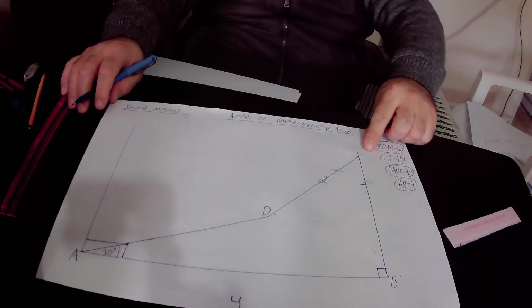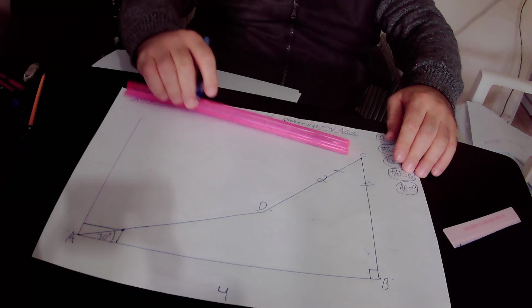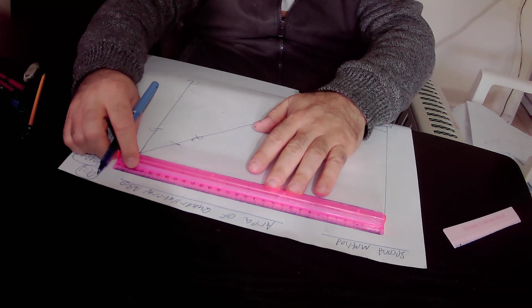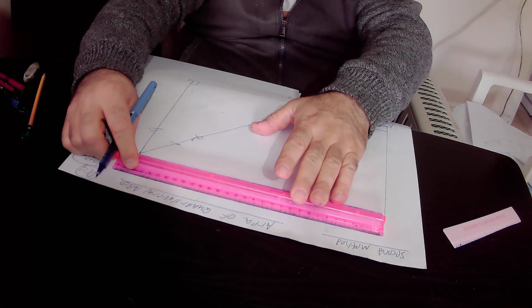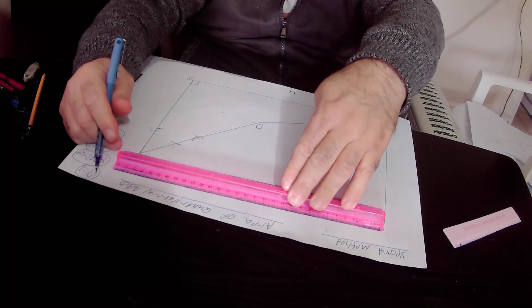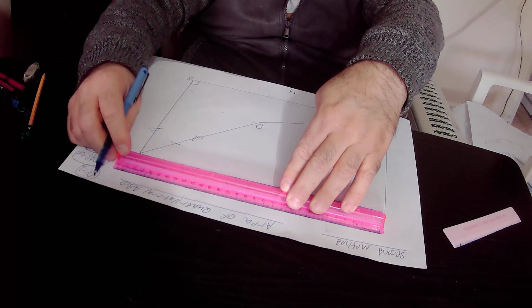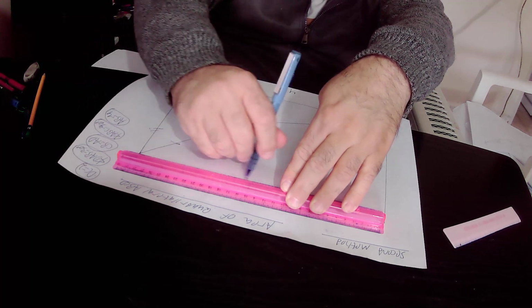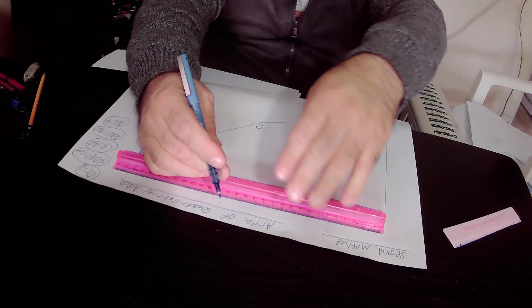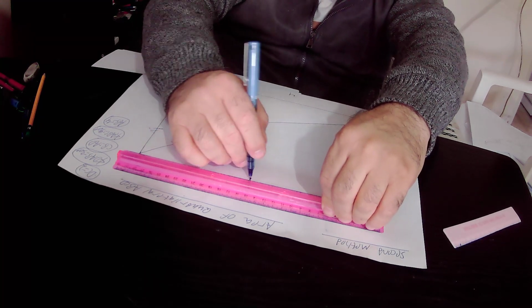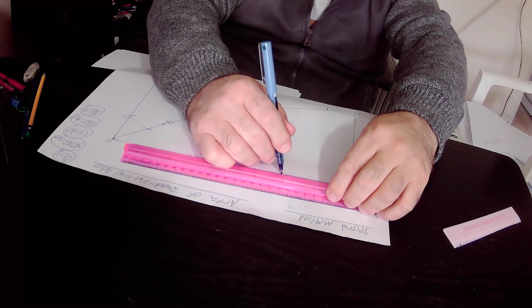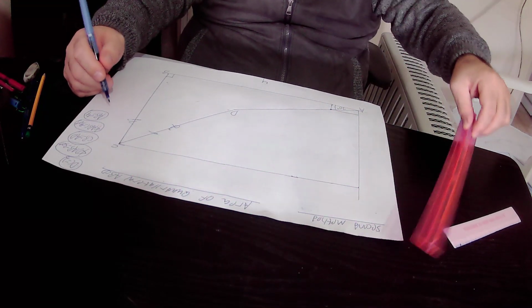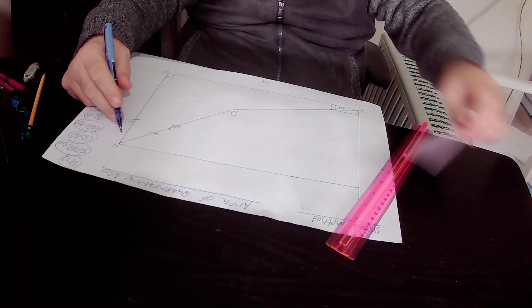And from point C, we will go perpendicular to CB. So this angle will be a right angle.